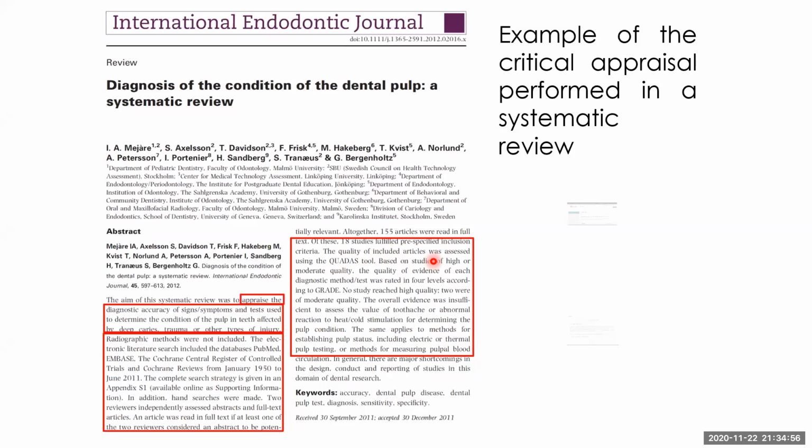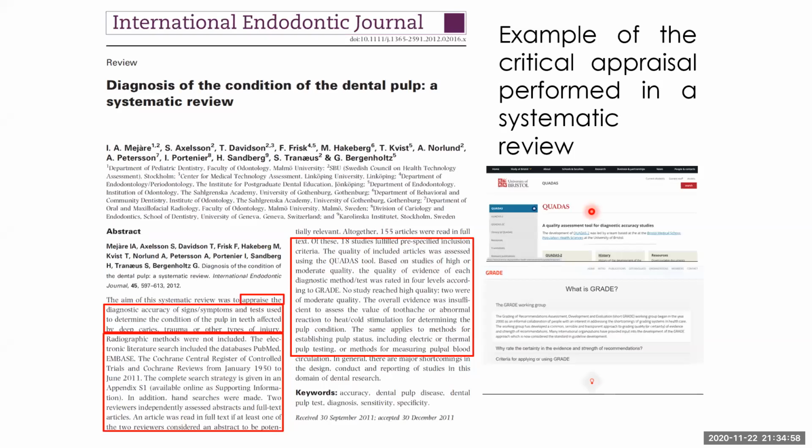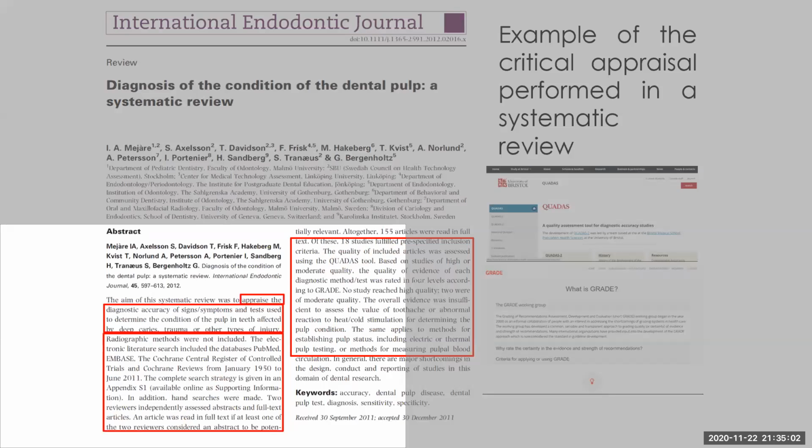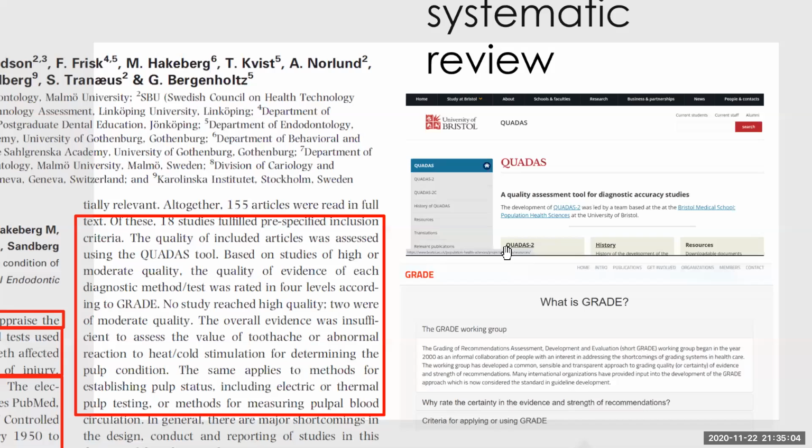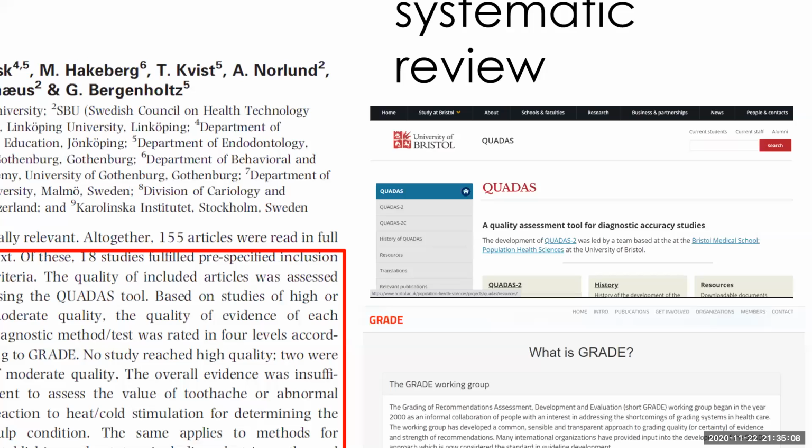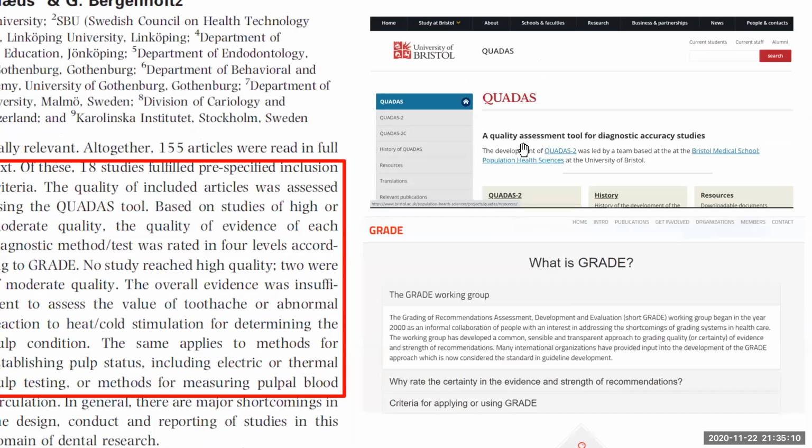This was assessed by QUADAS, a tool designed by the University of Bristol to assess the quality of diagnostic accuracy studies, because the design is different from one study to the other. So each design needs specific tools to assess its quality.